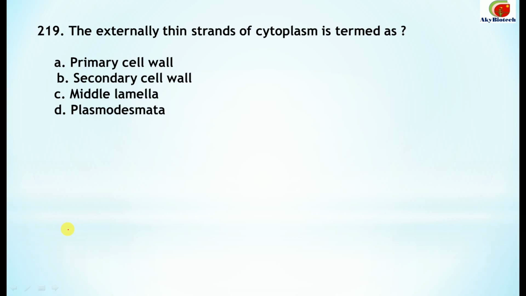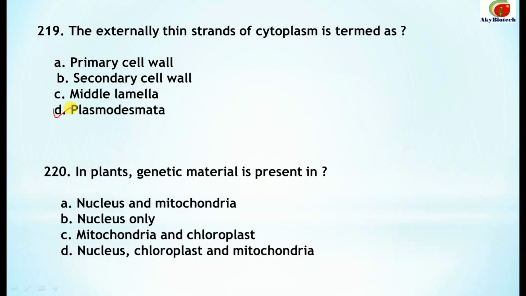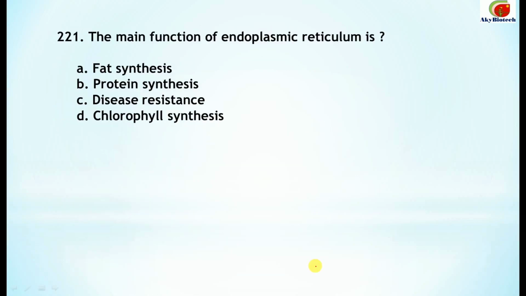The extremely thin strands of cytoplasm are termed plasmodesmata. 220. In plants, genetic material is present in the nucleus, chloroplast and mitochondria. 221. The main function of ER, the endoplasmic reticulum, is protein synthesis.